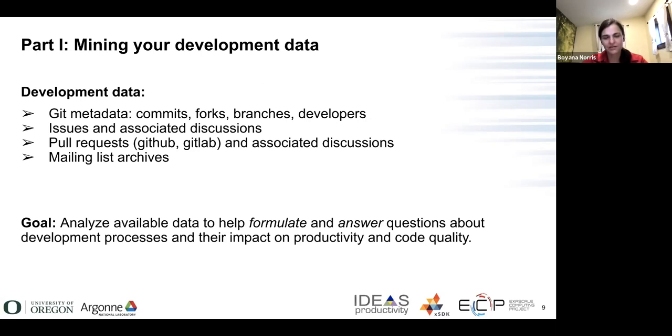Developers who do these things are associated as well, their personal IDs, issues, associated discussions. So there's some natural language parts to this data, and mailing list archives for projects that have longer histories that precede the existence of issue trackers.